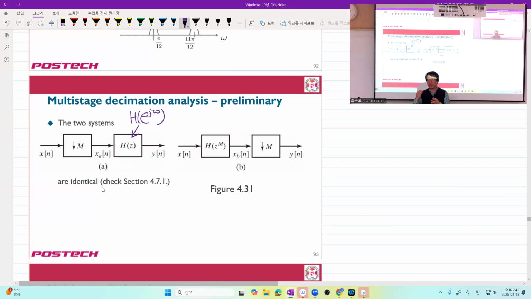We usually use adder, scalar multiplier, and delay components. And this use of these components really motivates us to rely on the rational form of H of z. So a rational function of z.